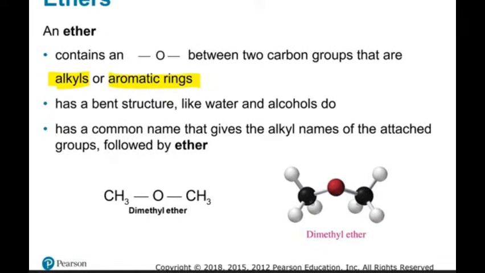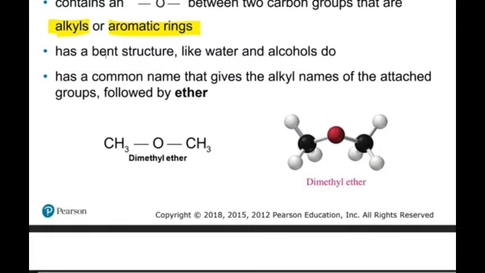Naming is a bit complicated because what you usually do is name each part, each carbon group that is connected. In this case, the name for CH3 is methyl. Since you have two CH3s, it's going to be dimethyl.